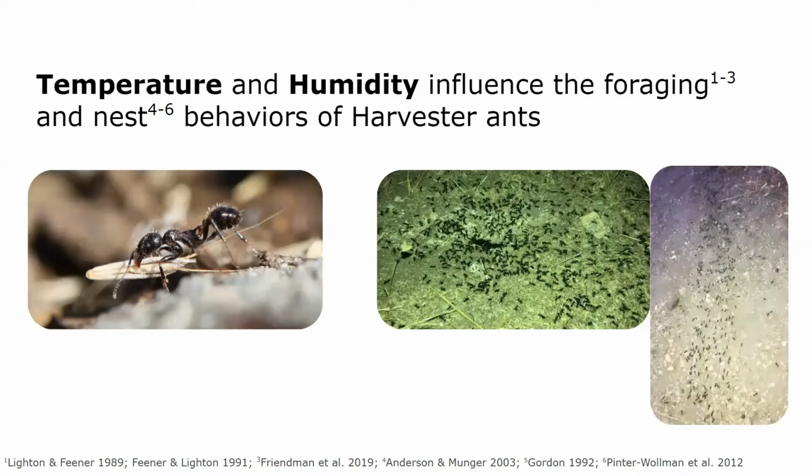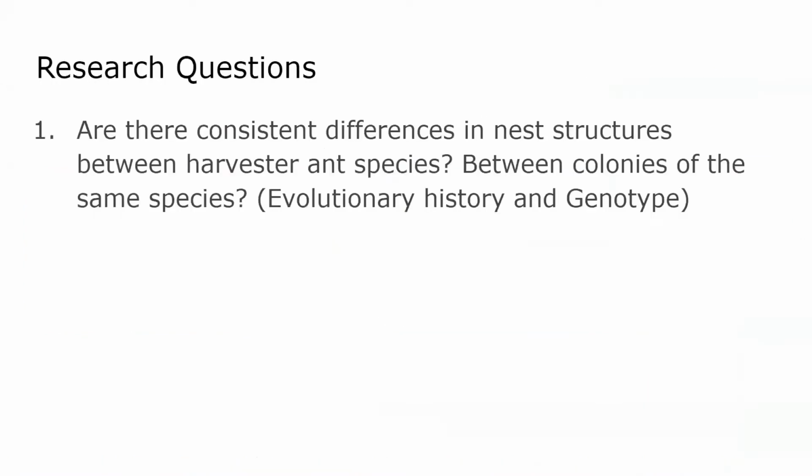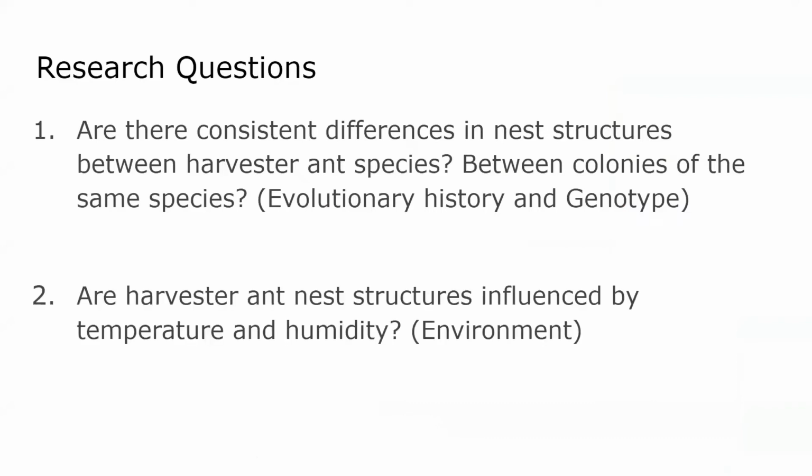We thought that they would also potentially impact their nest structure as well. So with that in mind, we pose our research questions. First, are there consistent differences in nest structures between harvester ant species and between colonies of the same species? And are harvester ant nest structures influenced by temperature and humidity?